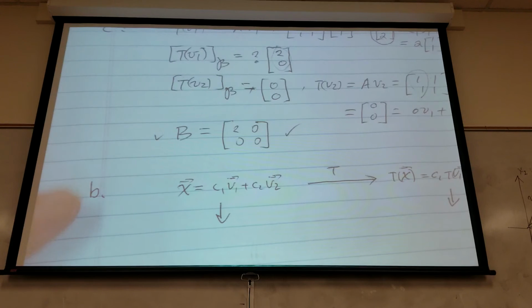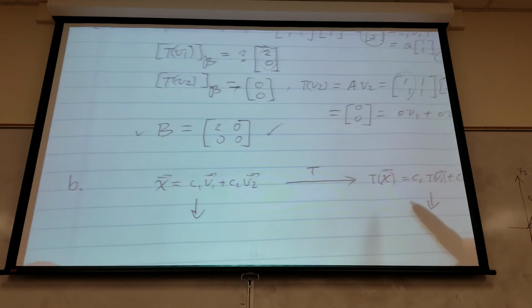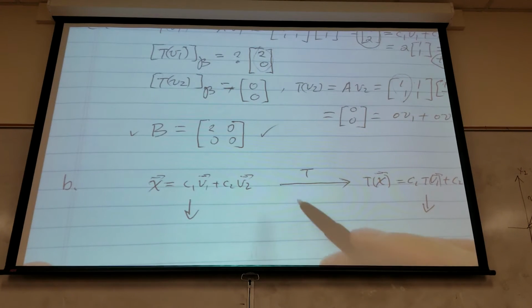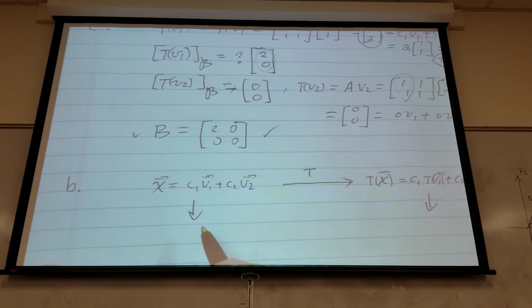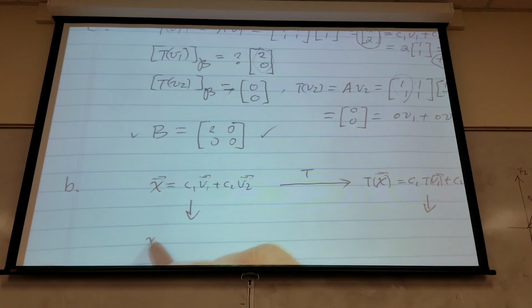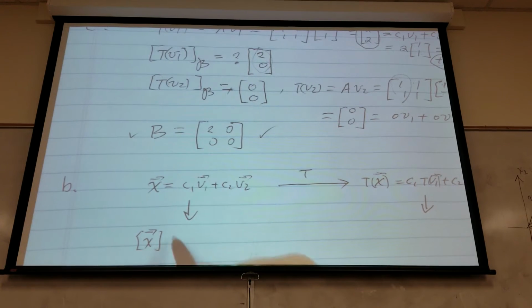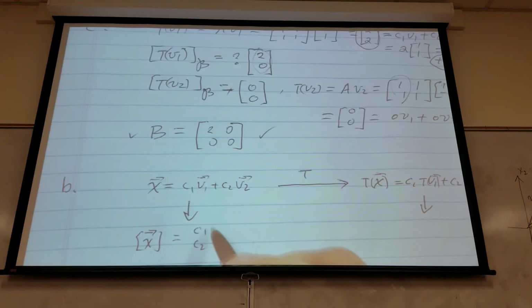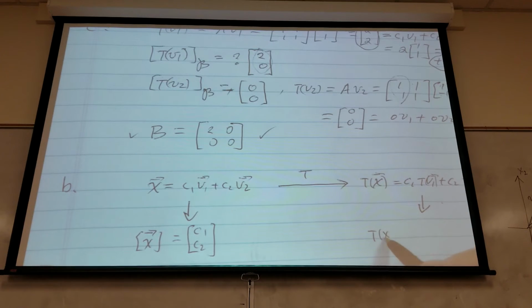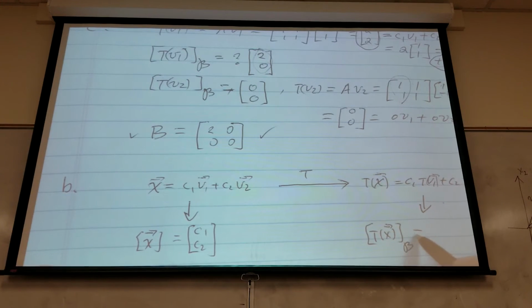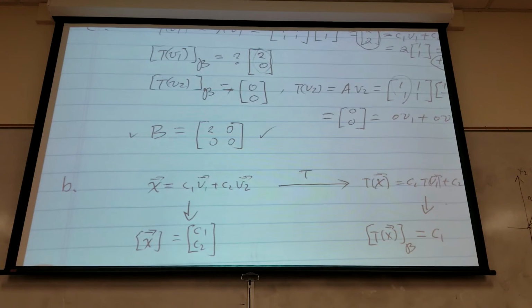And now we have these two down arrows. That means taking coordinates. So what is the coordinate? C1, C2. What is the coordinates of this? We go to each one, right?